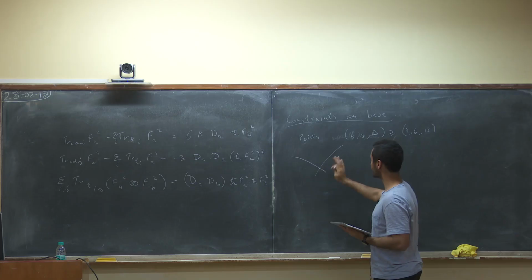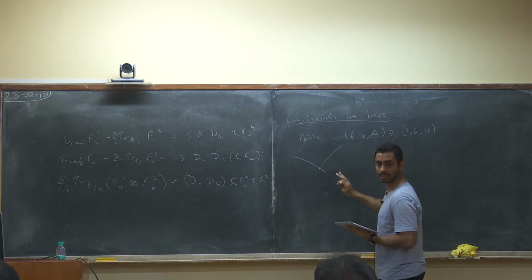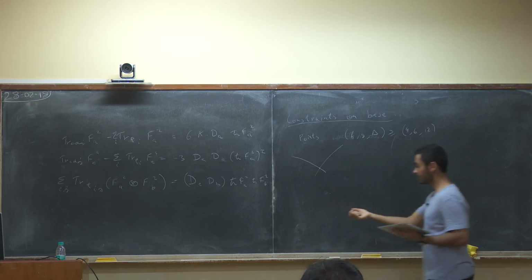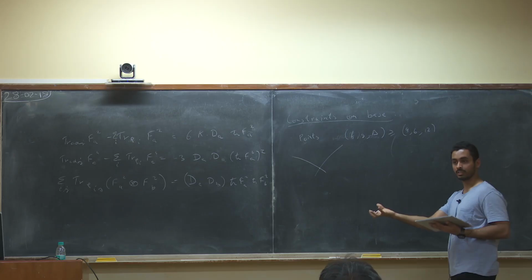So there is a procedure in mathematics literature known as blow up. You can take a point and replace it by a CP1 of self intersection -1.